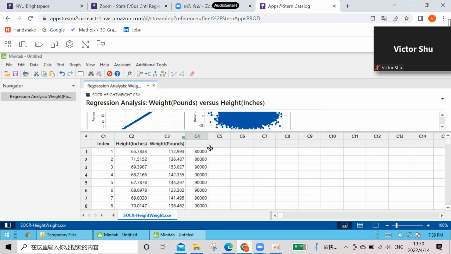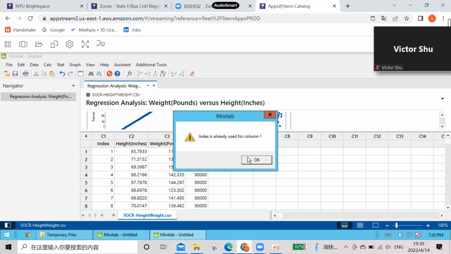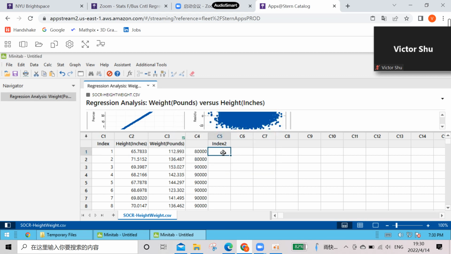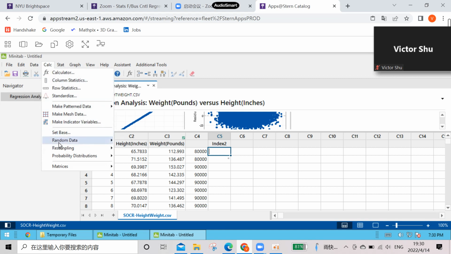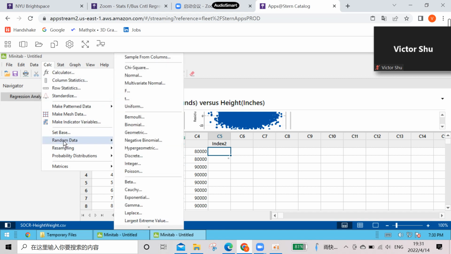It should fill in the same length. So again, because I have too many indexes, I have 25,000 indexes. I don't want to type from 1 to 18, so let's see if there are techniques.